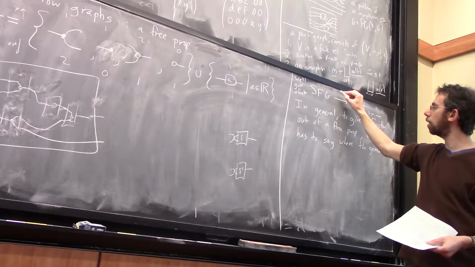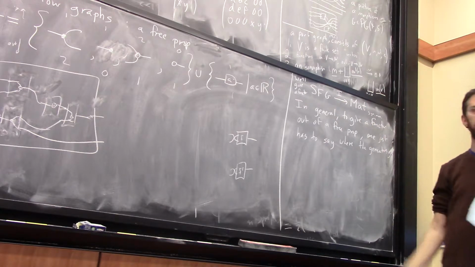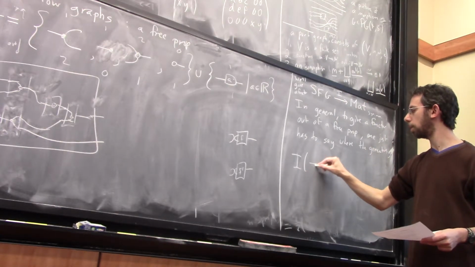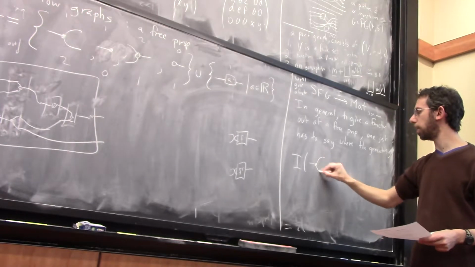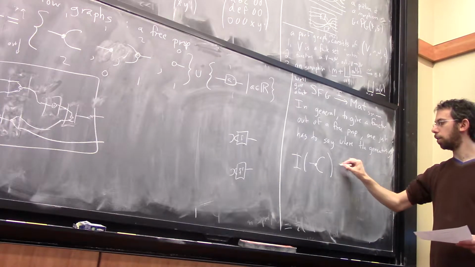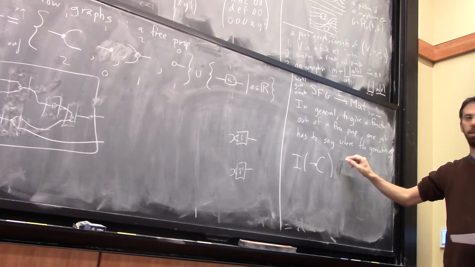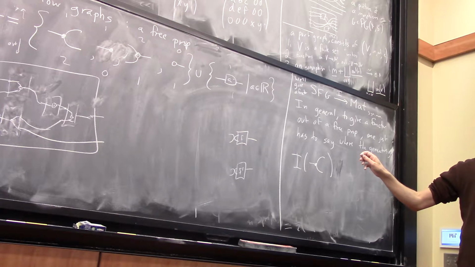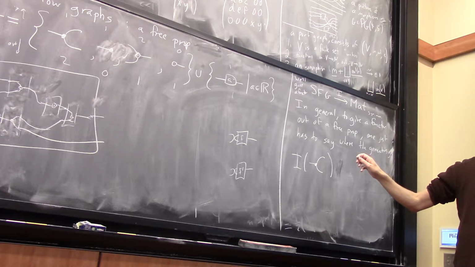So to give an interpretation of this functor, what is I going to do to the copy? First of all, what sort of thing is it? Is it a number, a matrix? What is big I here?